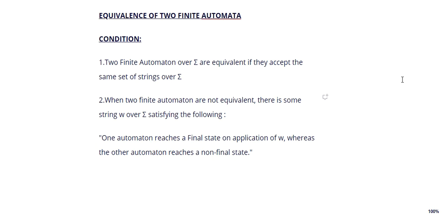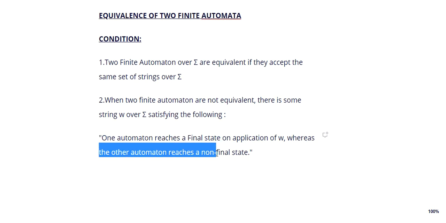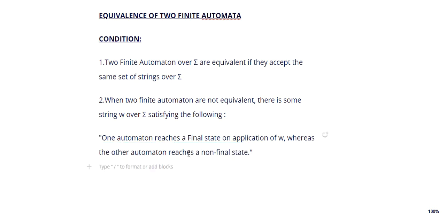If one automaton reaches a final state on application of w, and the other automaton reaches a non-final state, that means you get a pair that is final non-final or non-final final, then you can directly say that those two automata are not equivalent to each other. This is how we will check whether the two automata are equivalent or not, based on these two conditions.